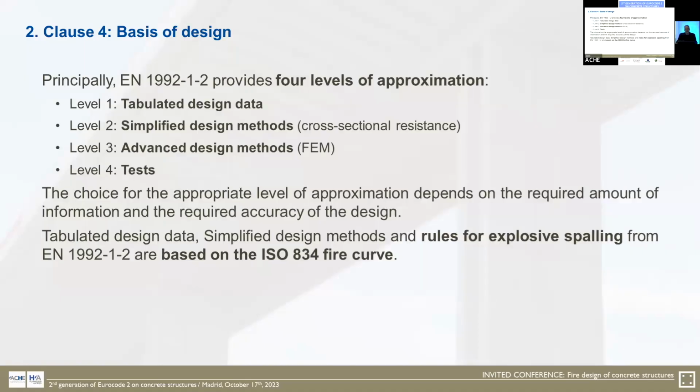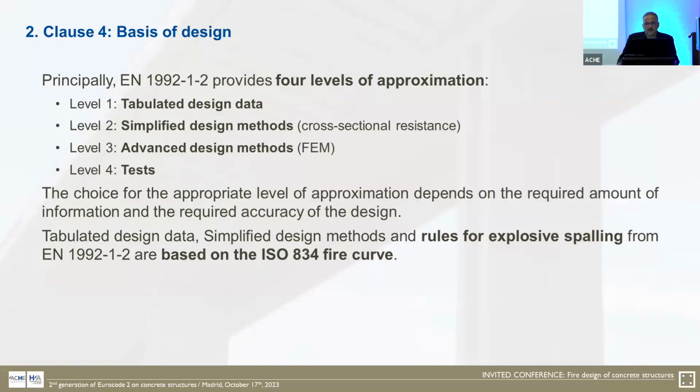Then we have, of course, advanced design methods, so the finite element method. Not much was done about this. And then, of course, tests, but this was not the specific object of the standard we worked on. Clearly, we choose an appropriate level of approximation depending on the amount of information and the required accuracy of the design.